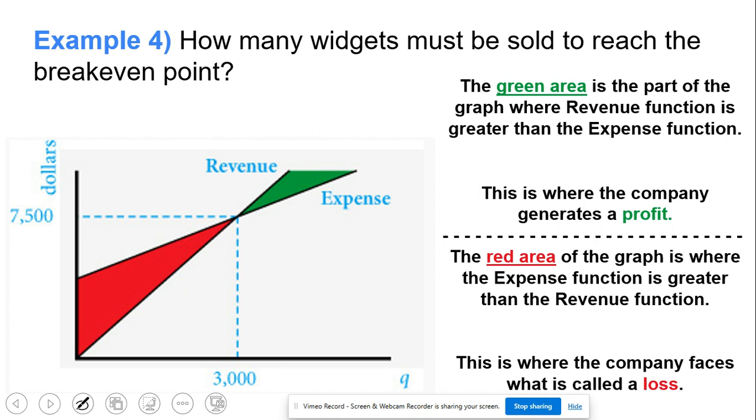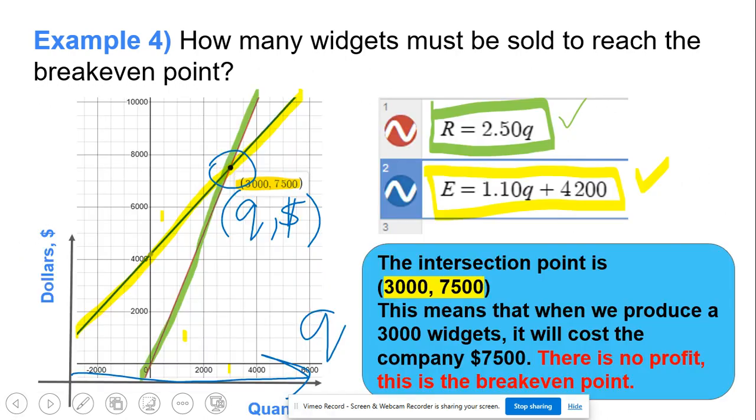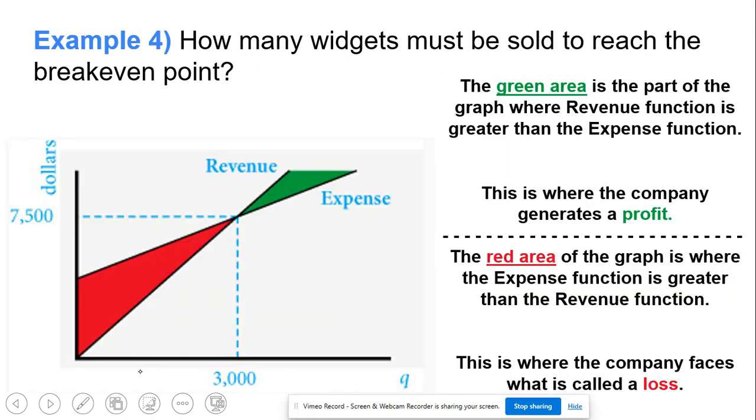So one thing that you'll want to notice, and this is new, this isn't going to show up on Desmos or anything like that, but anytime we're in the green area, that means that our revenue function, which we started off graphing in green, like if you remember what it looked like originally on our first one, that was this one over here. It started at 0.